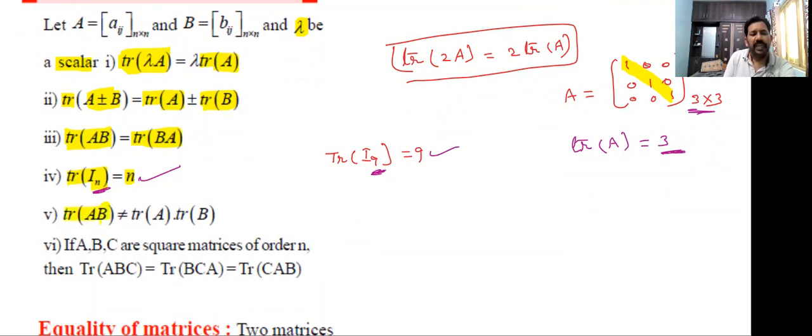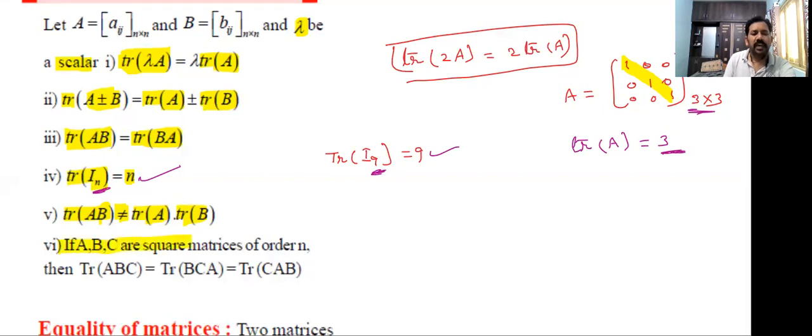So I'm going to another property. Trace of AB is not equal to trace of A into trace of B. Trace of AB is equal to trace of BA, but trace of AB is not equal to trace of A into trace of B. Okay.